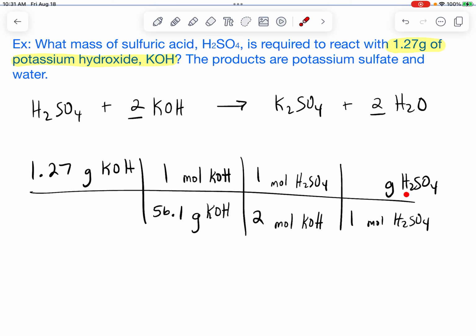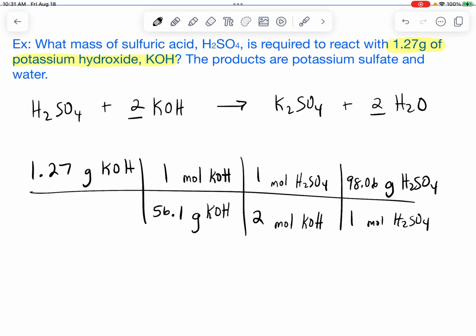Hydrogen has a molar mass of 1, and we have 2 of those. Sulfur has a molar mass of 32.06. Oxygen has a molar mass of 16, but we have 4 of those. Adding all of those up from the periodic table, we end up with 98.06 grams of H2SO4 for every 1 mole of H2SO4.